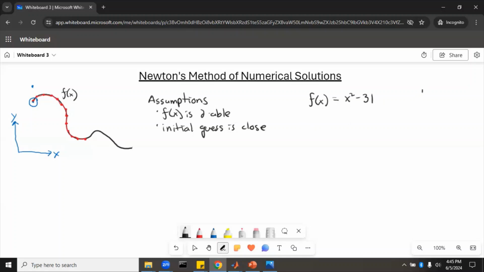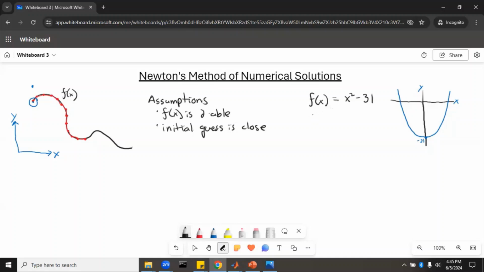If we just draw it, it's going to be a parabola because of the x squared, and it's going to have a y-intercept that is below, so it will be a parabola with the intercept at negative 31. This is the x-axis. This is the y-axis.